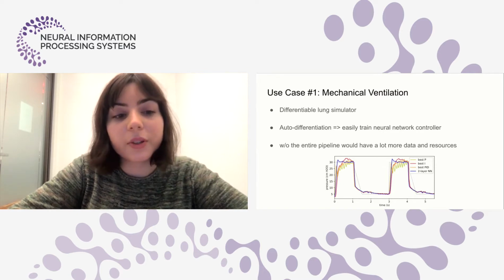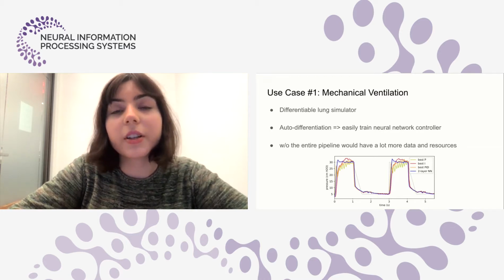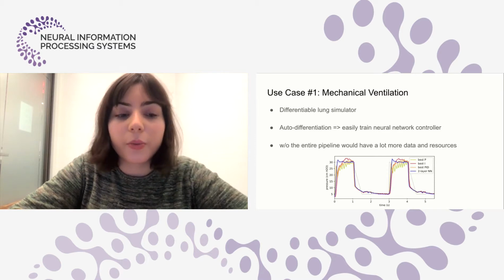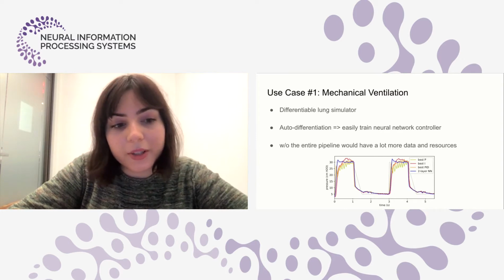Then, we were able to easily train a neural network controller due to the availability of auto-differentiation through system dynamics. As a result, we were able to create a controller that vastly improves upon the industry standard of proportional integral derivative control. In the graph below, we can see that the new deep controller exhibits much smoother and more desirable behavior.